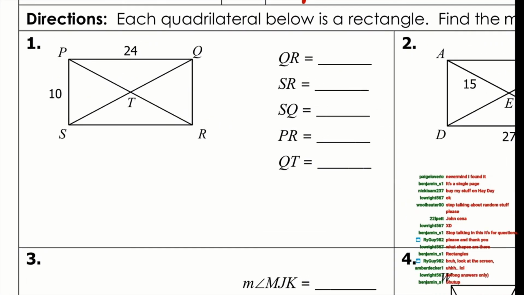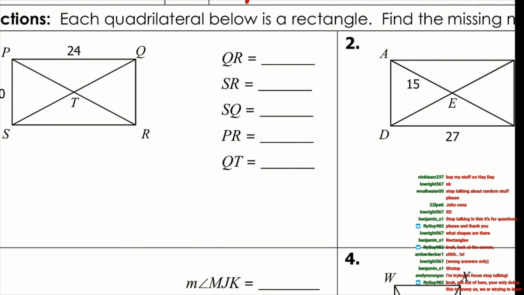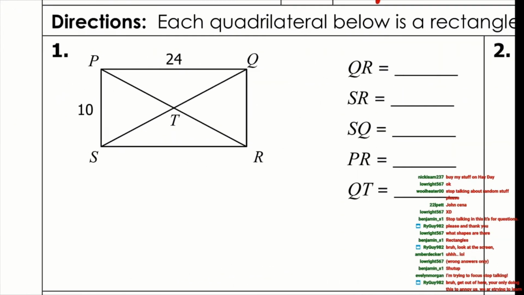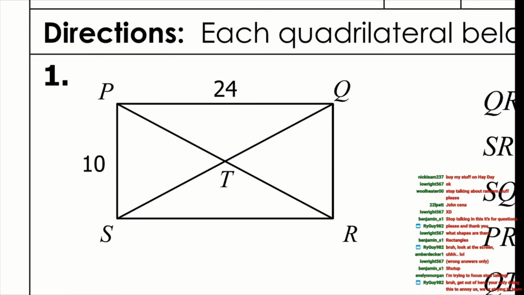For each, it says each quadrilateral is a rectangle, and we're just going to find the missing measures. I'm just going to fill in everything in the diagram like I usually do, and then we'll go from there. So first and foremost, just like a parallelogram, opposite sides are going to be congruent. But then we need to figure out the diagonals, and there's nothing labeled in the diagonal. They don't give me any additional information, but the right angle is going to be really useful.